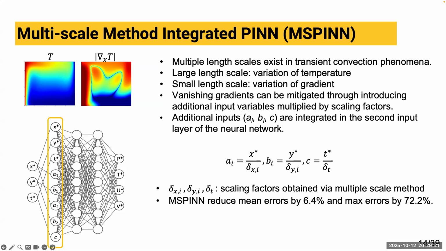By handling two different length scales with these two different input variables, our multi-scale method integrated PINN, or MS-PINN, reduced the mean errors by 6% and maximum errors by 72%.